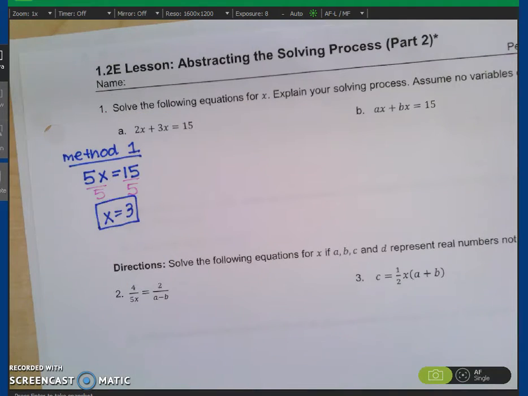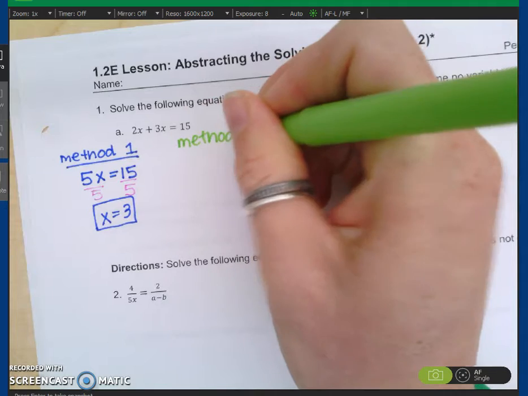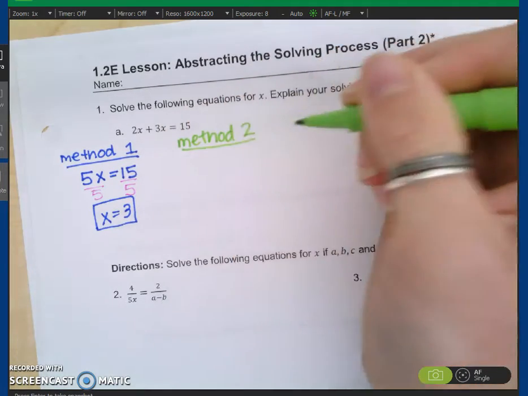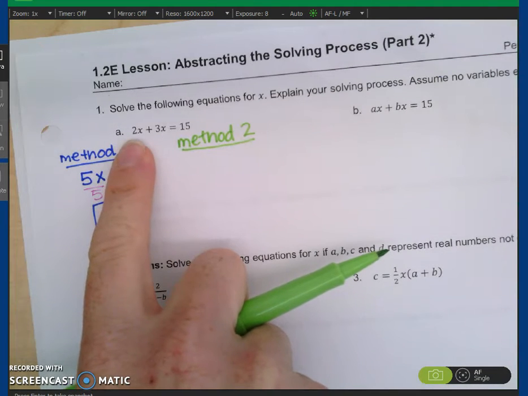Let's look at what that means when we combine like terms. If we look at method 2, when we combine like terms, you can say that you're factoring out the common factors. So what's a number that's a factor?